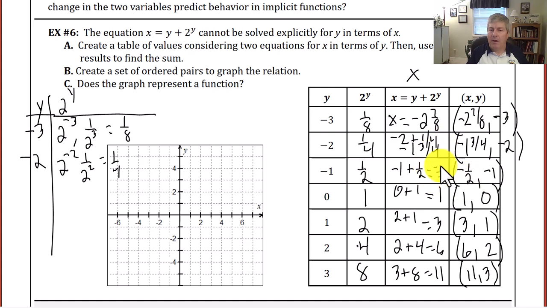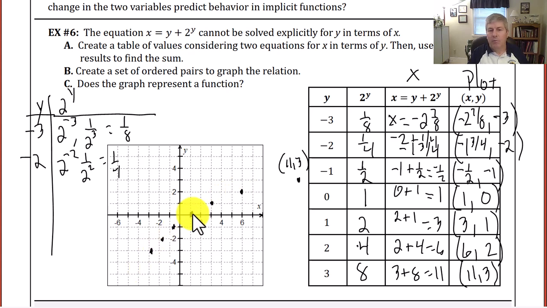So here are our ordered pairs, and now we'll go ahead and plot our ordered pairs x, y. We're going to plot these on our Cartesian plane. So I've plotted my points beginning at the top ordered pair, that's on the lower left here, and they just follow along as we move from left to right.